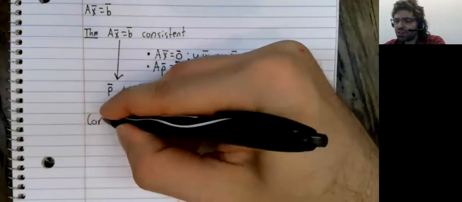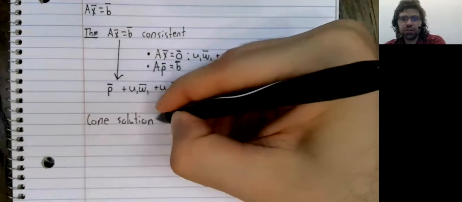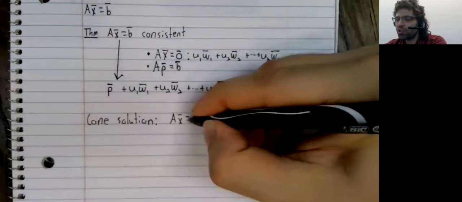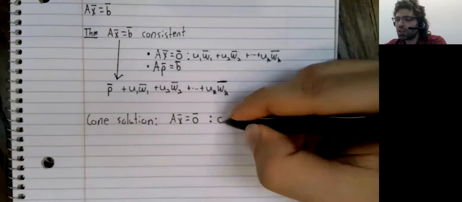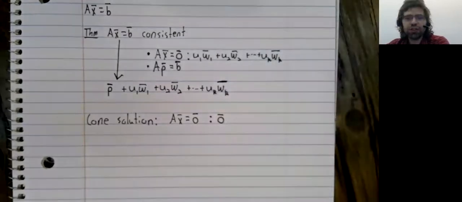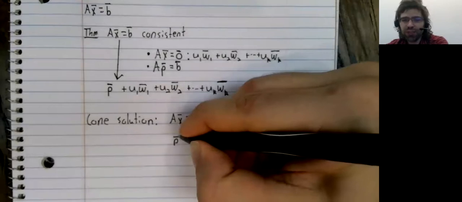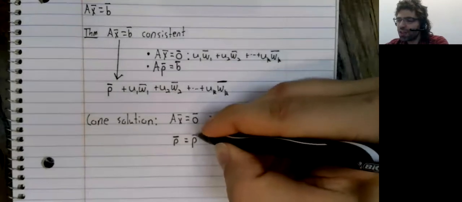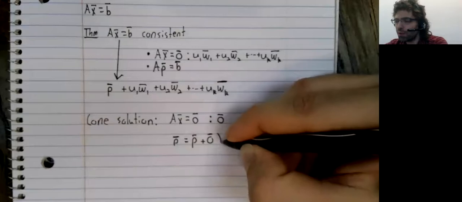If the consistent system has one solution, it turns out that the associated homogeneous system also has only one solution, the trivial solution, and this theorem becomes the very uninteresting statement that the single solution P equals that same solution plus the zero vector.